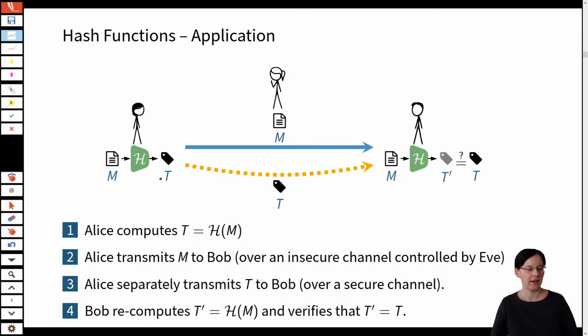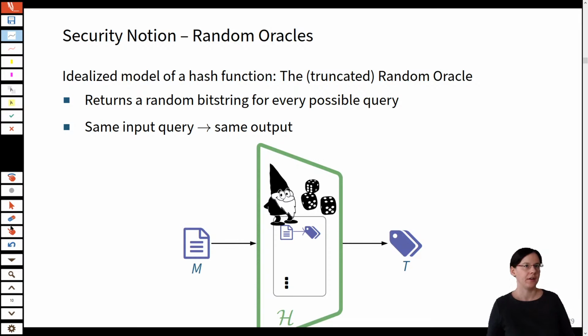And Alice also sends this tag, but sends it over a secure channel. And Bob recomputes it and compares whether it matches the value that Bob received from the secure channel. That's the general setup. So the idea is that Eve can modify this insecure channel here, but cannot modify this secure channel here. So that's for the functional interface.